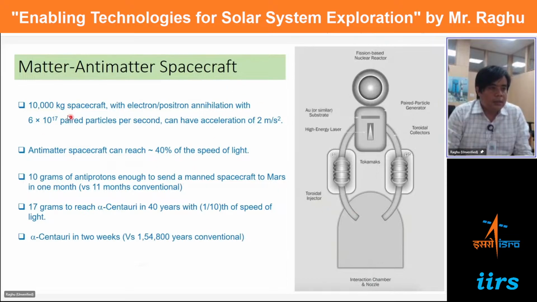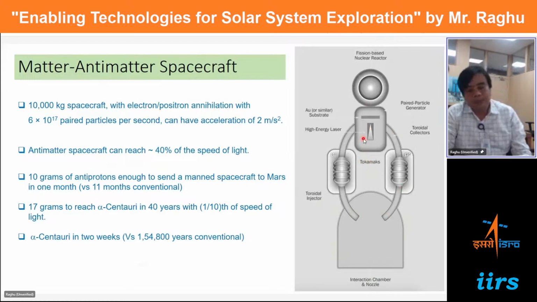Around a 10 ton spacecraft with electron and positron annihilation, using the discovery of Hui Shen as well as Stenson, with 6 × 10^17 pair particles per second, can have an acceleration of 2 meters per second squared. With this, the spacecraft can eventually reach around 40% of the speed of light. At 40% of the speed of light, with 10 grams of antiprotons, we can go to Mars in 1 month.